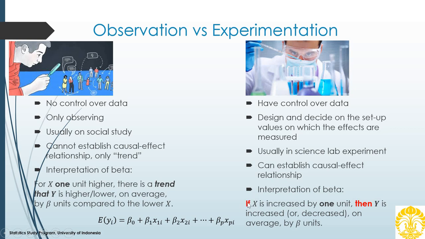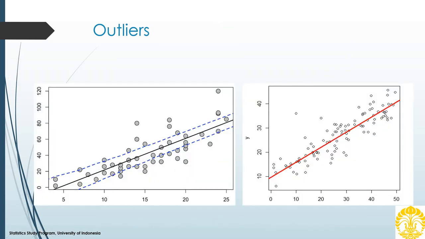This is a common mistake that people make in their regression: they put an if-then statement for the interpretation of the beta for an observational study. You can't do that. Make it a more subtle statement, just saying tendency or trend. Okay, so that's about the observational and experimentation study.